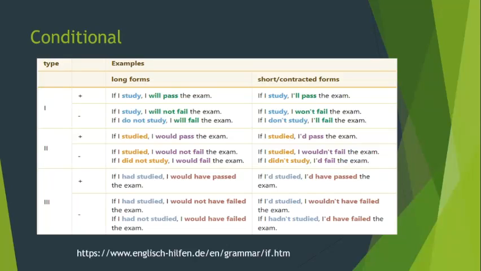We have basically three types of conditional sentences, positive and negative. In the first conditional we use the simple present tense and the future tense, and if it is a general truth then both parts remain in the present tense.